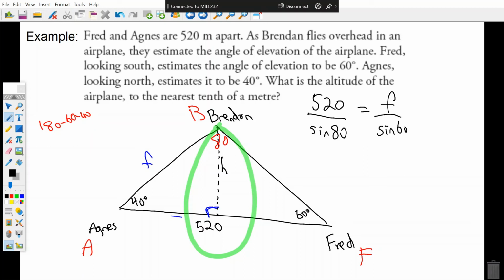Calculator. I'm going to cross multiply and divide. 520 times sine 60 is 450.33. Sine 80 times F is sine 80 F. Then I've got to divide both sides by sine 80.